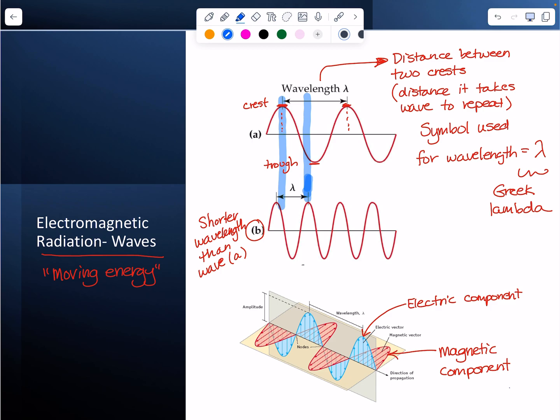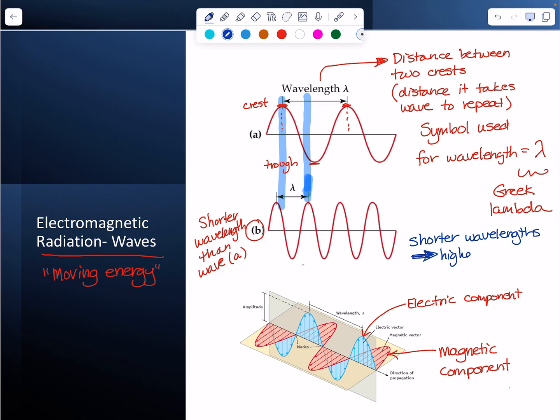I'm going to give you a little spoiler here. Shorter wavelengths are going to be traveling with more energy, or higher energies.